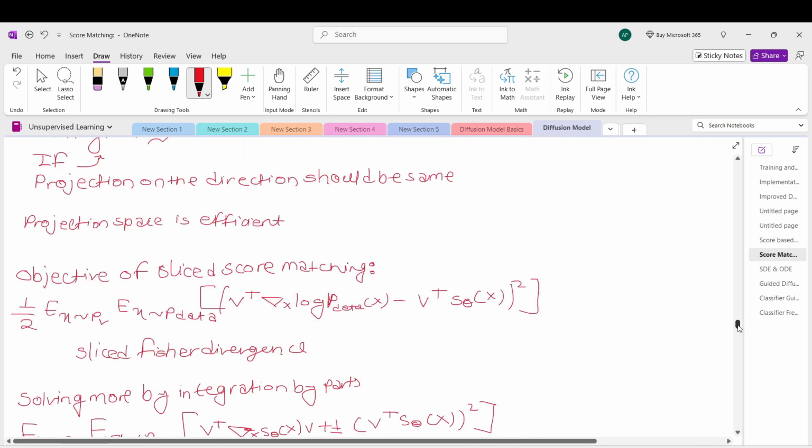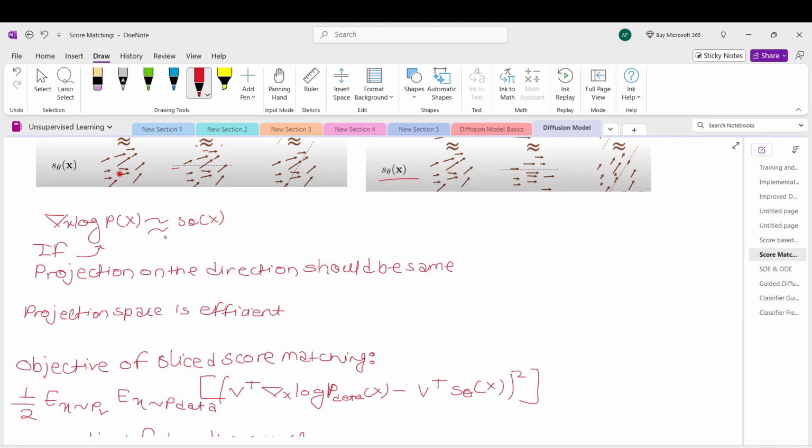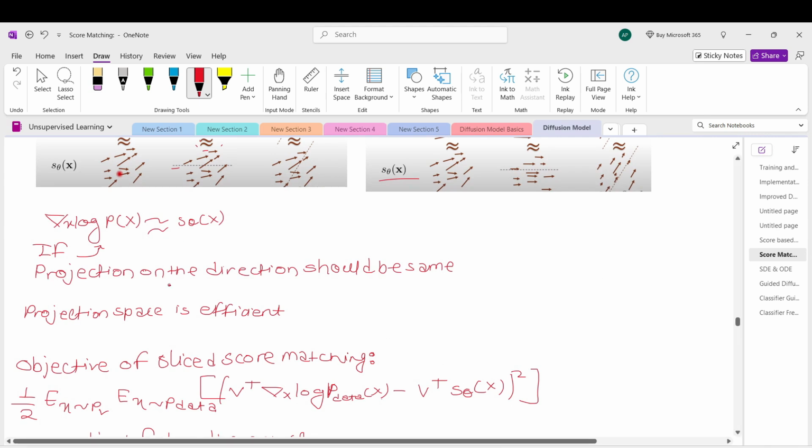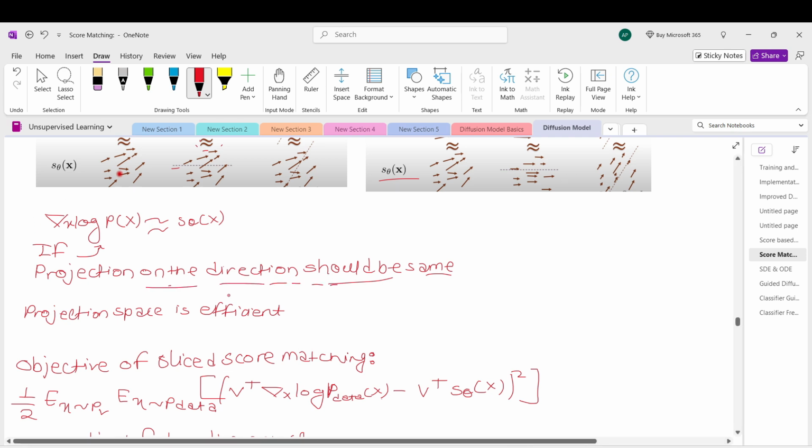If the projection on the direction is the same, then the projection on any random direction should be the same. The projection space is efficient because it reduces into one dimension. This is the model projection, and this is the real projection, so this is our projection on the data space.